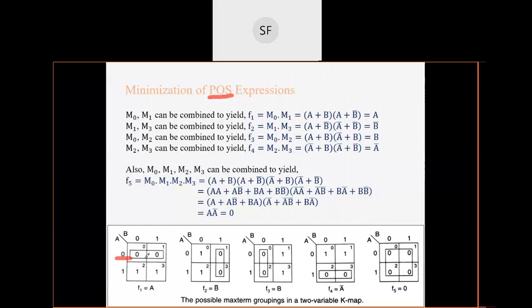And what will be the value associated with this pair? It will be A equal to 0. That means the term is simply A. Why? Because in SOP, whenever an uncomplemented value is there, meaning wherever there is no bar on the variable, that value is 0. And if there is a bar on the variable, that means that value will be taken as 1. Okay. So you have to concentrate on 0. Why? Where there is a 1, you do not have to reduce it. Why? Because it is POS.